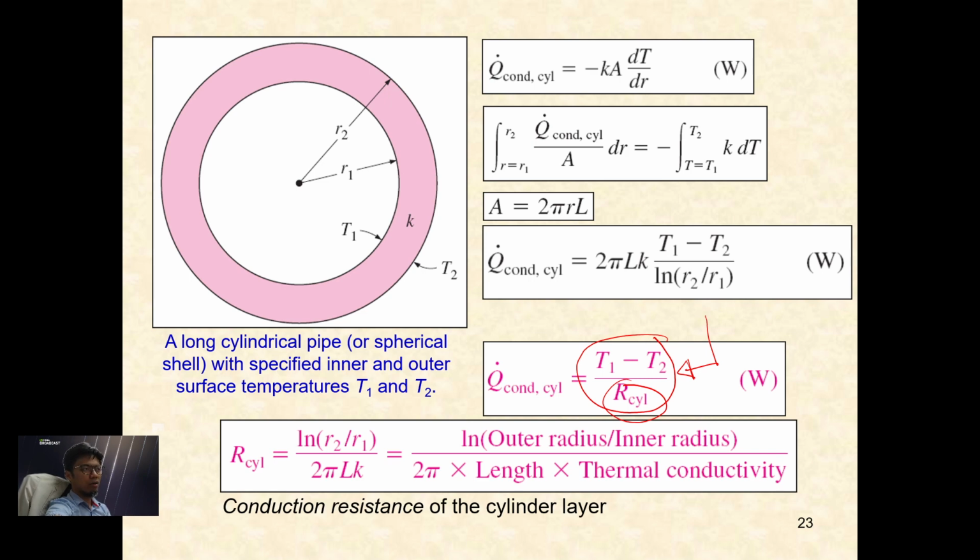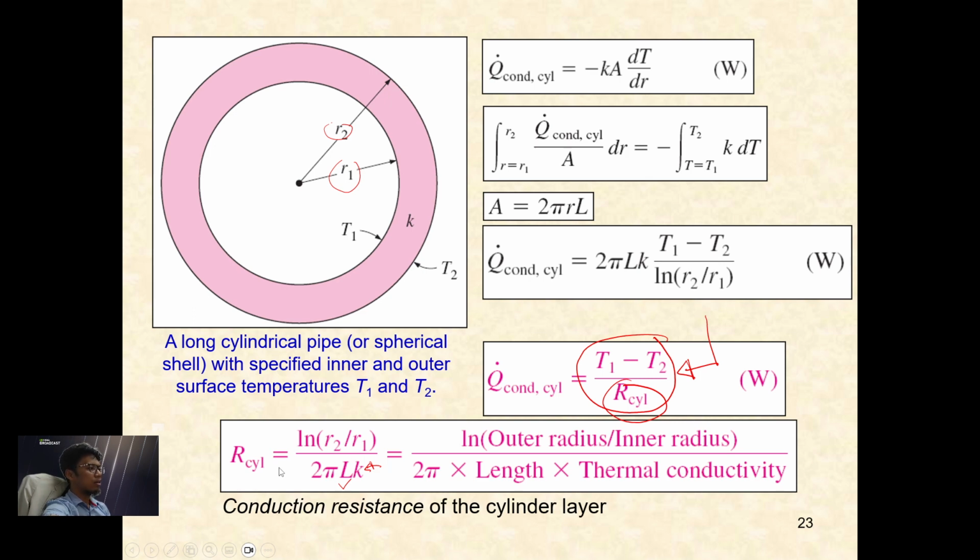And now we are learning R cylindrical, where R cylindrical depends on radius 2 divided by radius 1. Radius 2 is the outer radius, divided by R1, which is the inner radius, and we take the natural logarithm of that ratio and divide by 2 pi times L. L is the length of your pipe, and K is the material property of your pipe itself, the thermal conductivity.